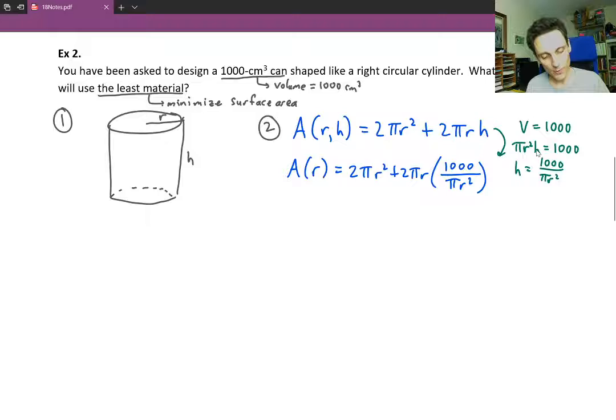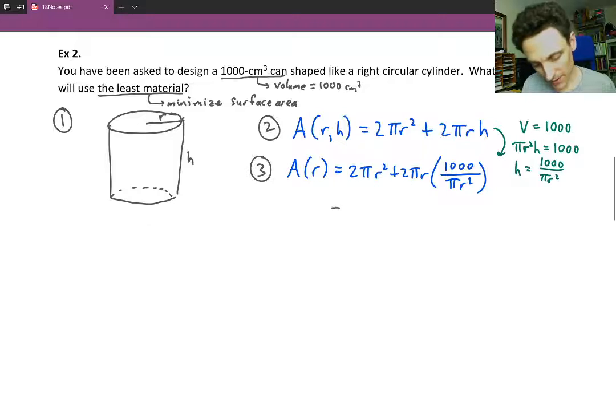R is a little bit more uncomfortable because we have an r squared and then we have an r over here. That would get a little bit uncomfortable to solve for the r squared and the r and plug them both in. But we only have a single h to replace, and h is easy to solve for in the equation, so h it is. Notice that now our function for surface area is only in terms of r, so we've completed the third step, which is to write our target function, the surface area, in terms of a single variable, in this case r.